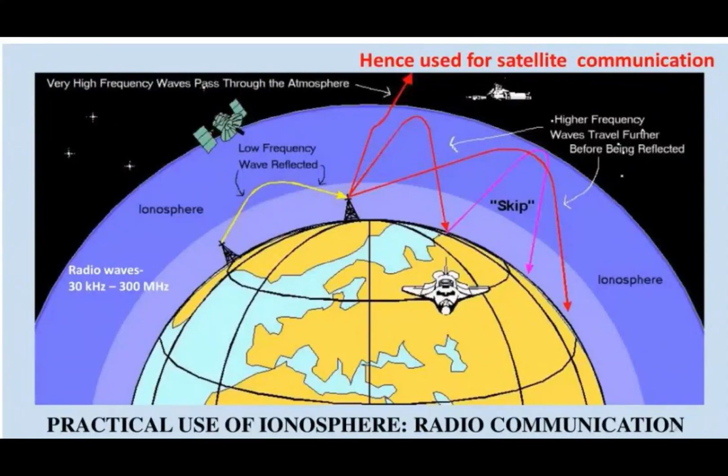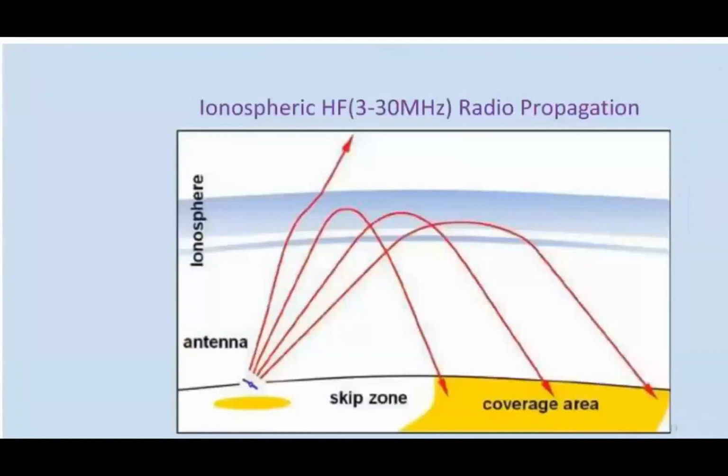So for all these different types of communication in the radio wave spectrum, the ionosphere has been very profitably used in subsequent years, and that was the main interest in the study of the ionosphere. This illustrates a bit more clearly how the HF, high frequency, 3 to 30 megahertz range travels from the transmitter to the receiver.